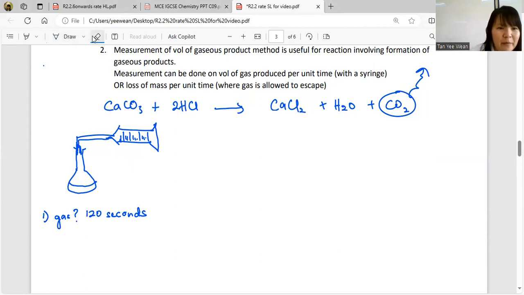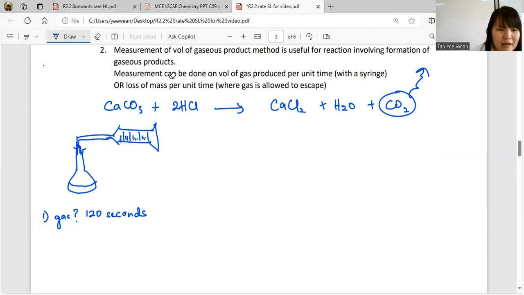And then you repeat the experiment with, say, a different concentration of HCl. Maybe it's more concentrated now. So you know that, okay, a higher concentration, I should get faster rate of reaction. So in 120 seconds, maybe you get more gas.